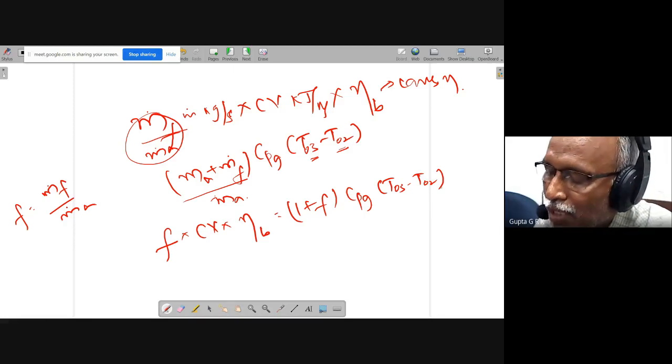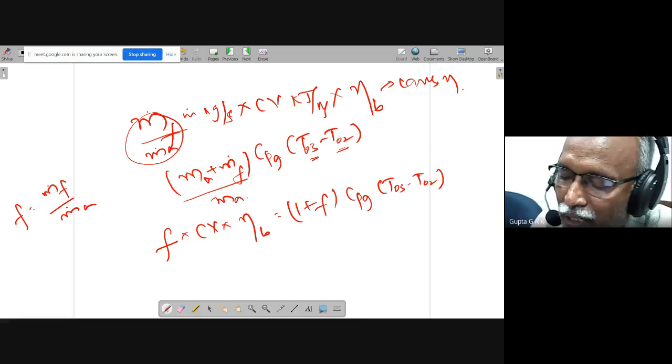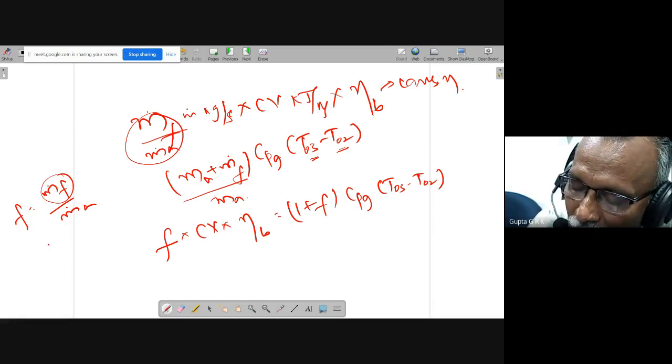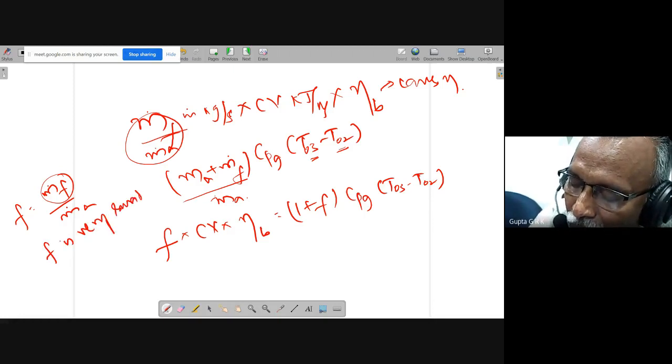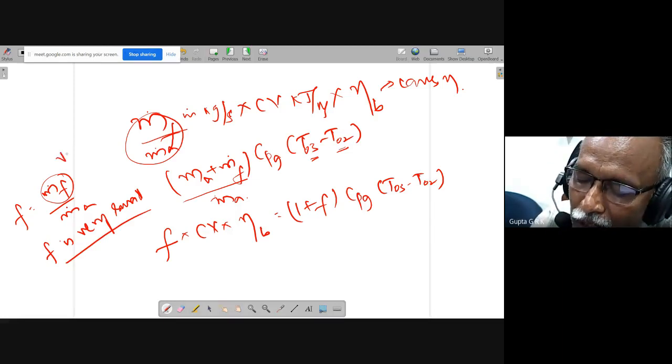If you know m dot f, m dot a, I can substitute and I can get whatever is the unknown. But usually, because m dot f is to be found out, it is unknown on both sides. So here what we do is, f is very small. I think I told you in the gas turbines, fuel air ratios are very, very low.